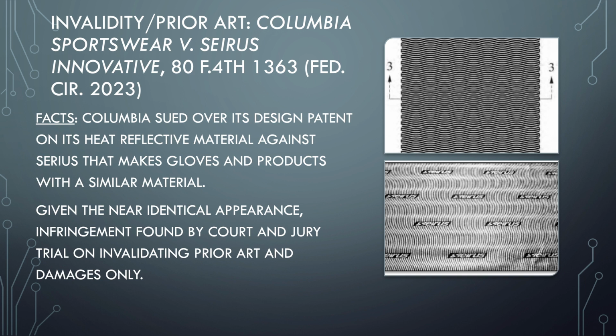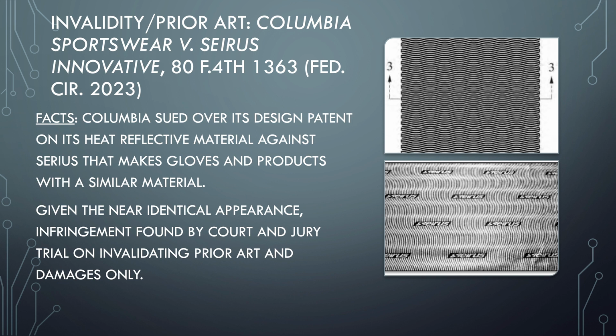You see here the Columbia Sportswear versus Seirus Innovative case. This is a 2023 decision from the Federal Circuit, reported at 80 F.4th 1363. And so you see there on the right 2 pictures. The one on the top is a design patent that Columbia had on its mesh lining, this sort of heat reflective material.